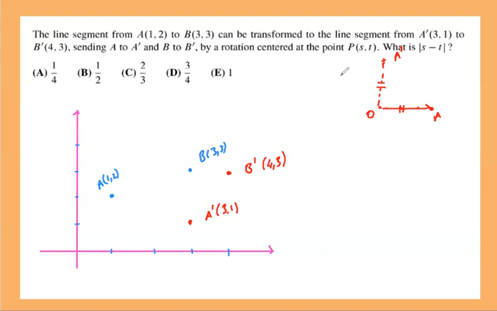The fixed point is called the center of rotation. So when you rotate either this way or that way, the distance between the center and A is the same as between the center and A prime. This is important. The center could be right here, for example, or it could be something right here. If you take this distance and this distance, those two are going to be the same, so you can take the center right here.